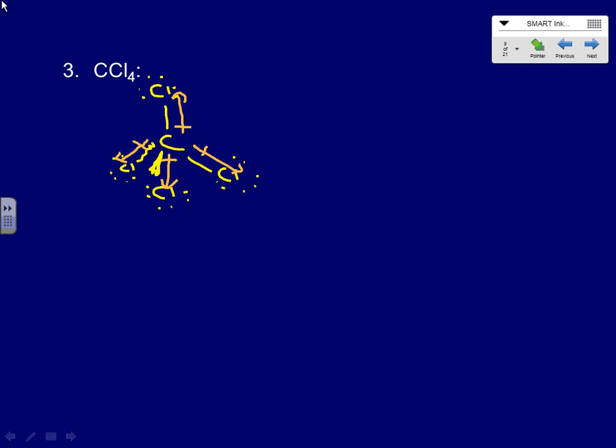It might be hard to imagine, but this is also symmetrical, even though it's three-dimensional. You can think of the symmetry in a couple of ways. Number one, three-dimensionally, you can think of it as everything pointing totally opposite away from each other with the same angle. That means all of these dipoles will ultimately cancel out.